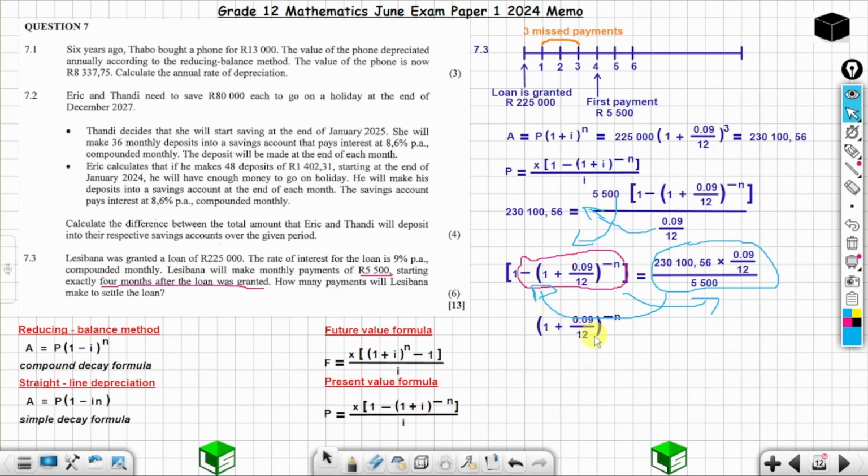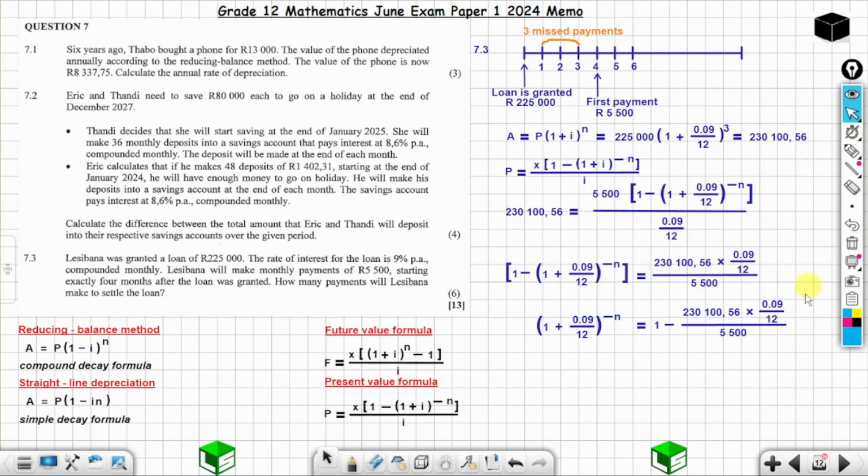You can write on the left side if you want. Now on the left side, you have 1. You bring this to the left side, minus, okay, 1 minus this. So now let's use our calculator.